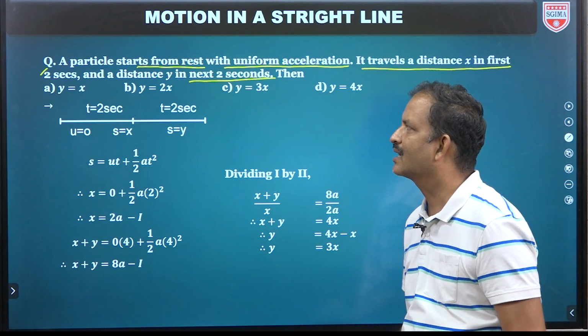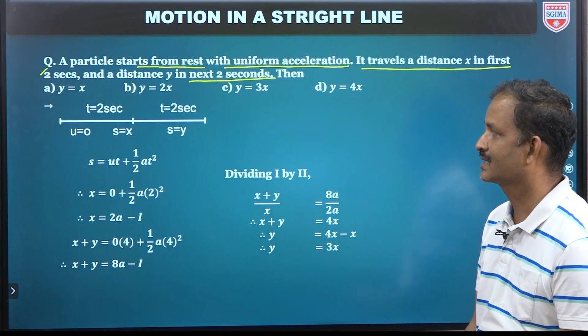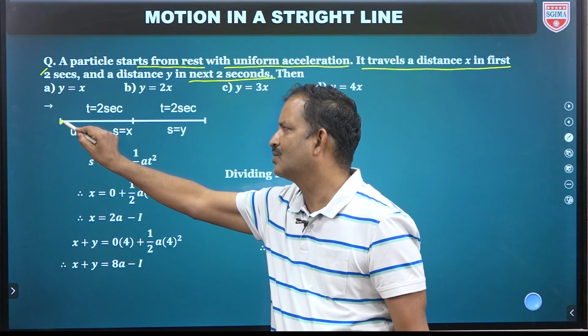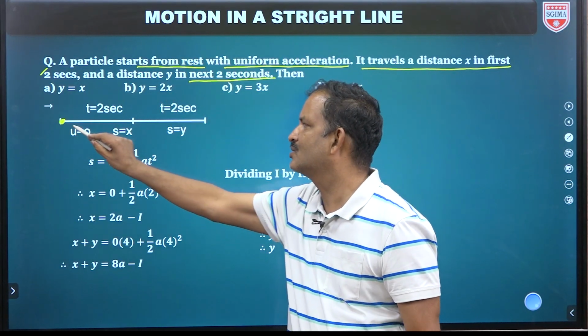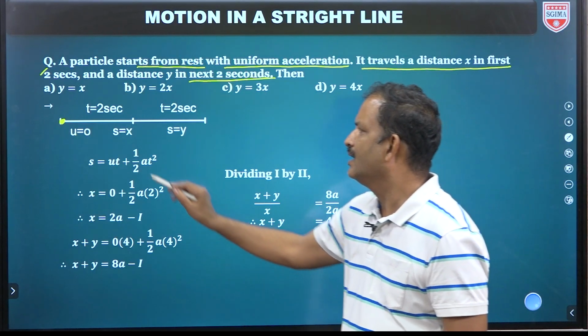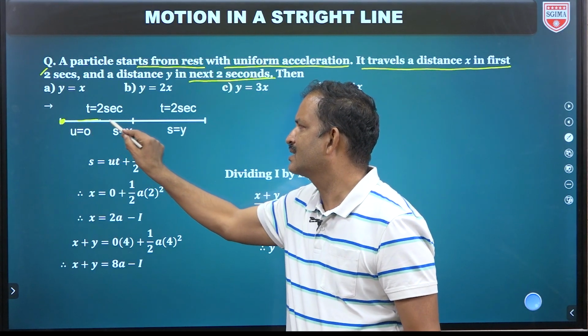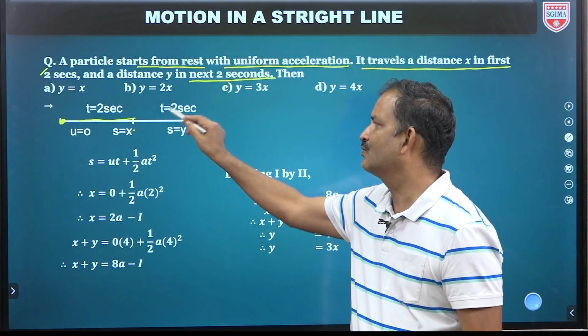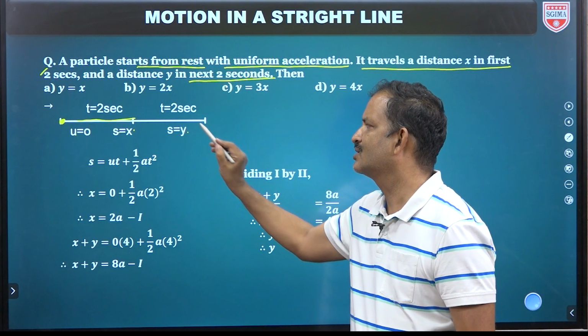Then, what is the relation between y and x? It started at this point, from rest means U is 0. In 2 seconds, it travels distance S equal to x. Next 2 seconds, it travels distance S equal to y.